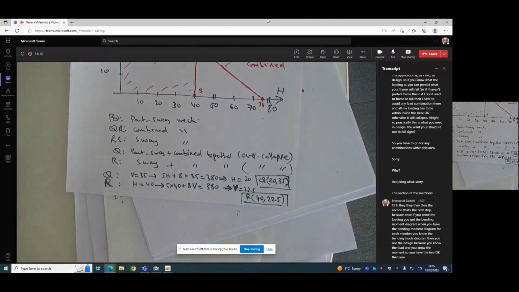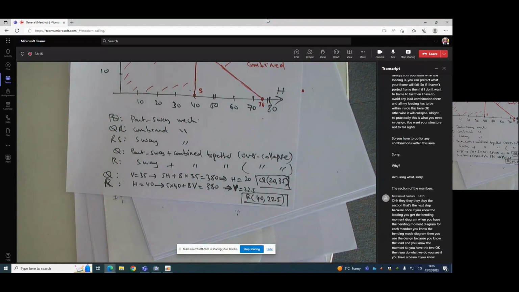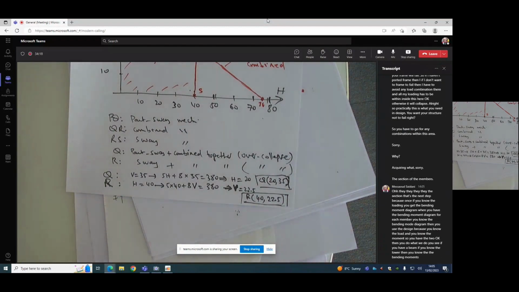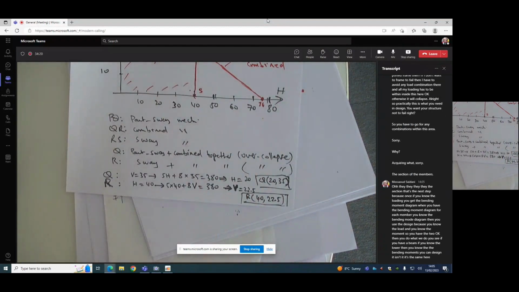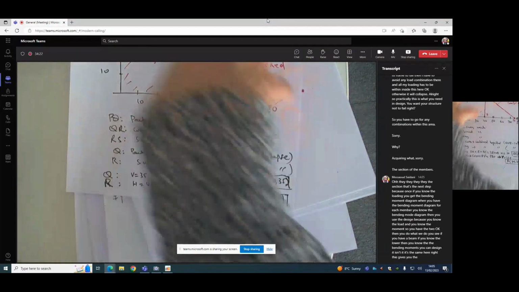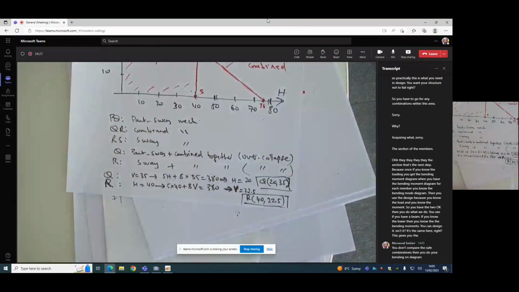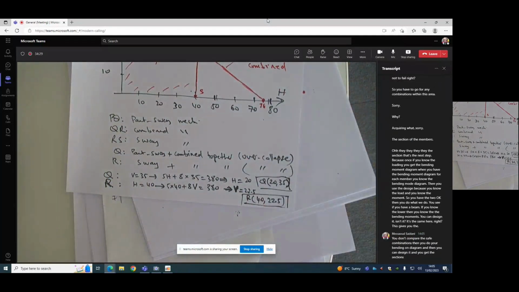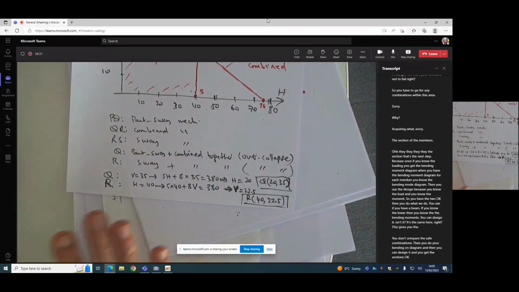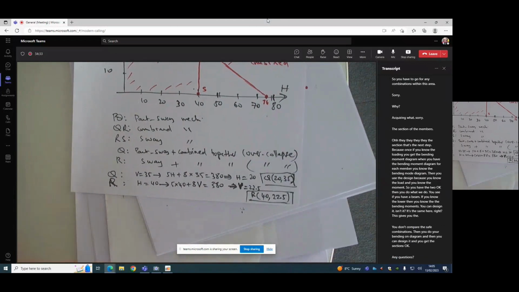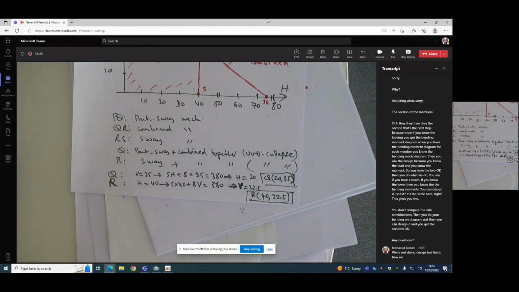Then you do what we do. If you have a beam and you know the load and the bending moments, you can design it, isn't it? It's the same here. This gives you the safe load combinations. Then you do your bending moment diagram, and then you can design it and get the sections. Any questions? We are not doing design, but that's how you will do it in practice.